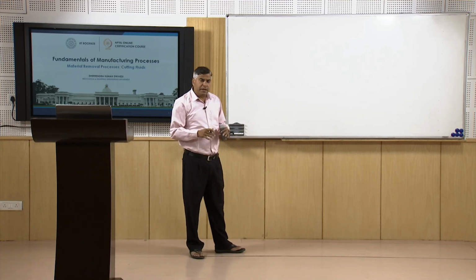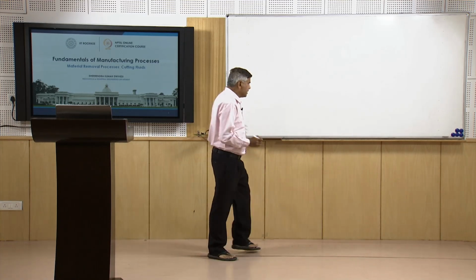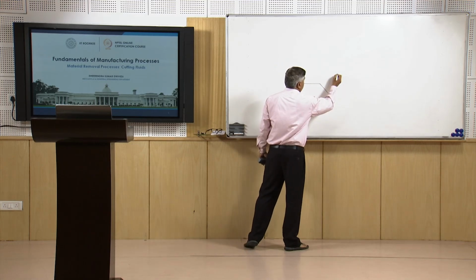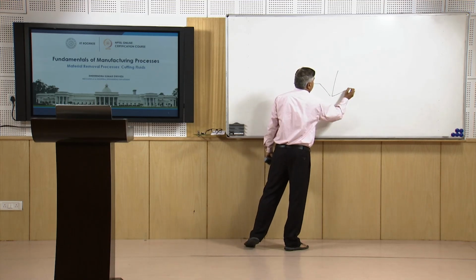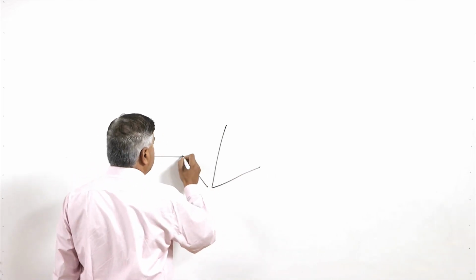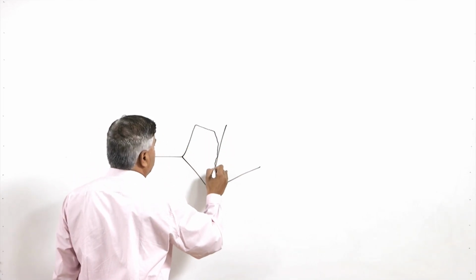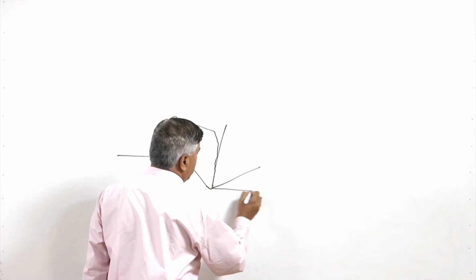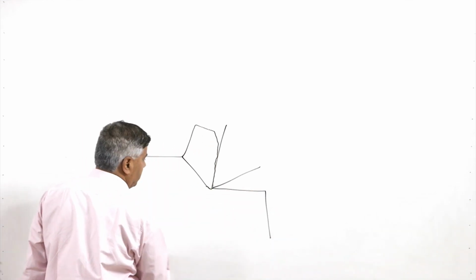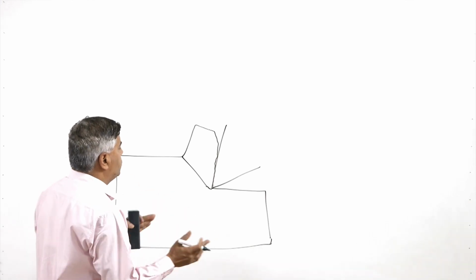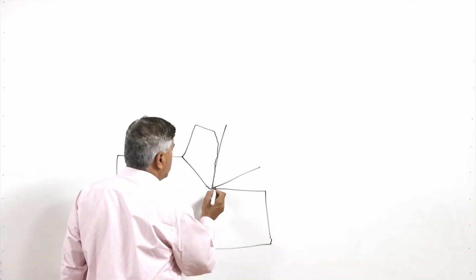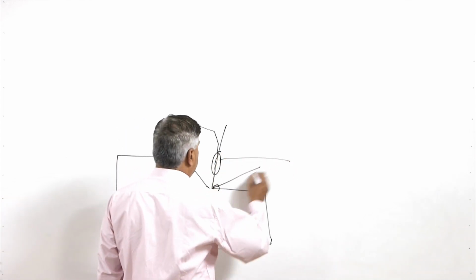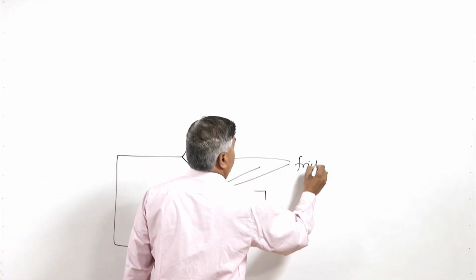Now, we know that during the machining a lot of heat is generated. The heat is generated due to the deformation occurring at the primary shear zone as well as in the secondary shear zone, and the friction occurring between the chip and tool and the tool and workpiece. So, the tool and workpiece and the chip and tool, these are the two zones which will be causing the frictional heat.